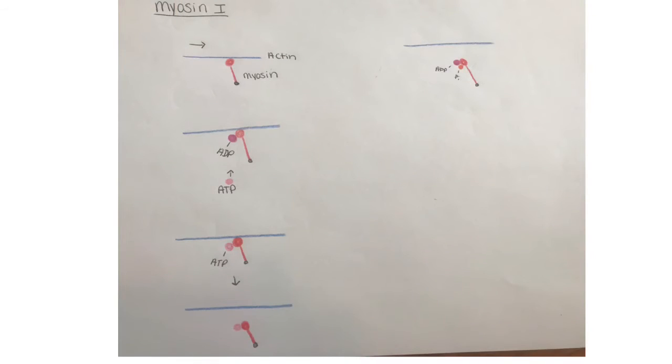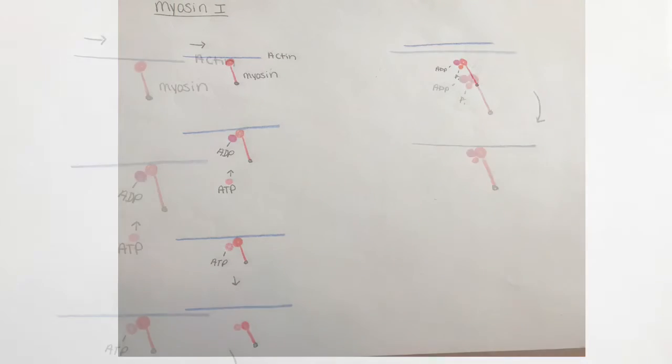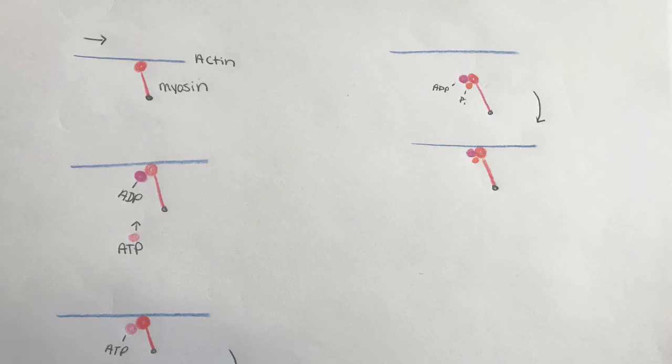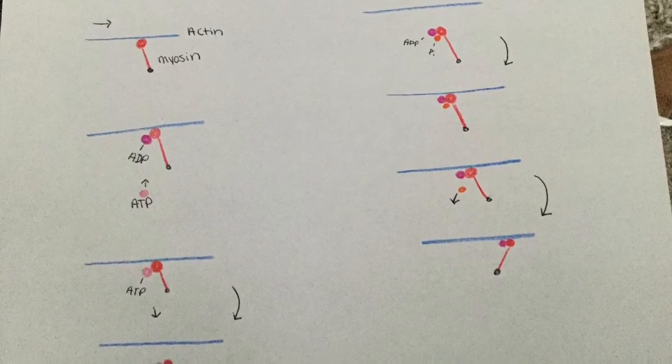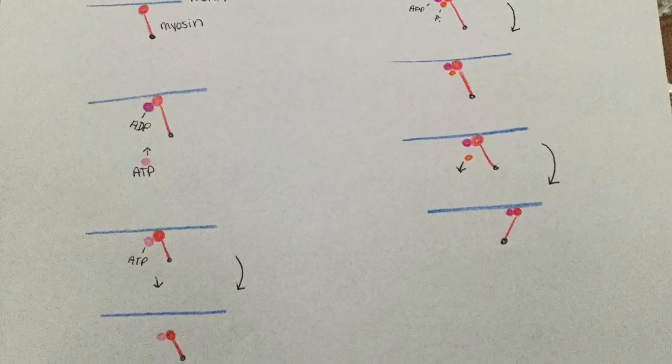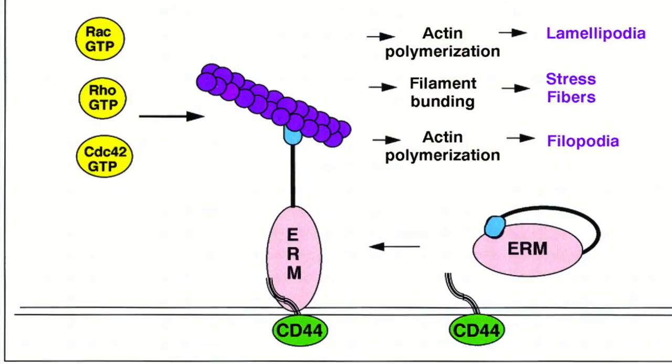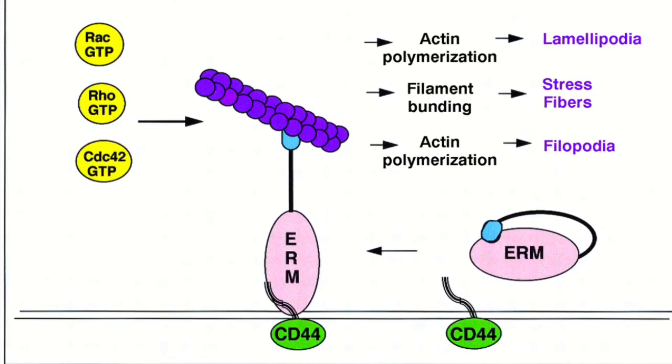So as ATP attaches to myosin, myosin will let go of actin, and then the ATP will be cleaved to ADP plus P and rebind to actin. That extra phosphate group will unbind from myosin, causing the myosin head to shift forward, and that drives the cell to push forward.